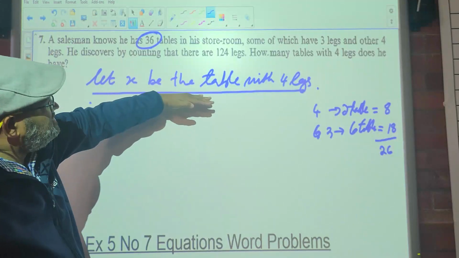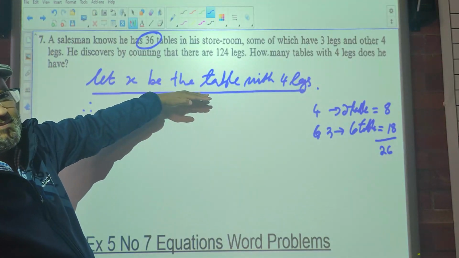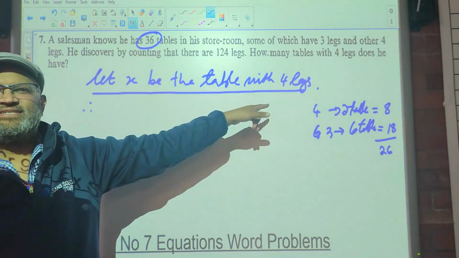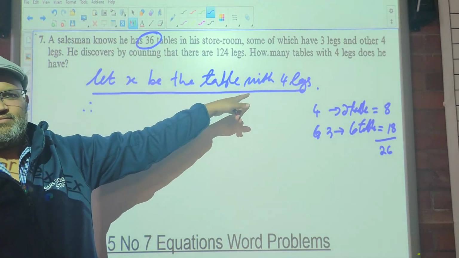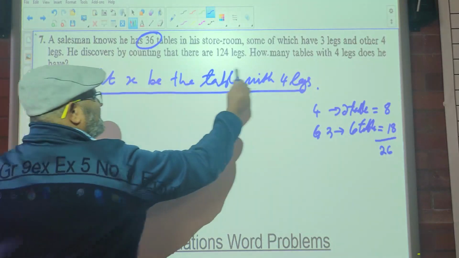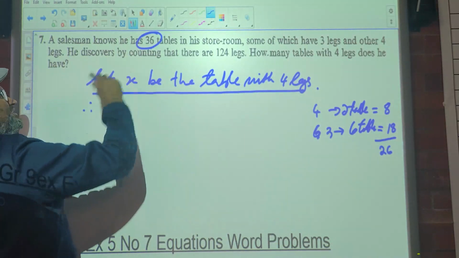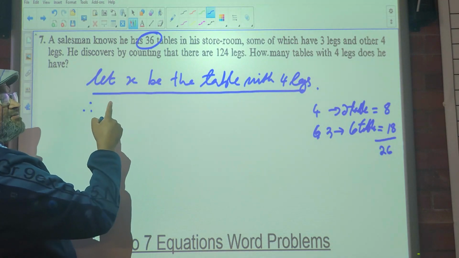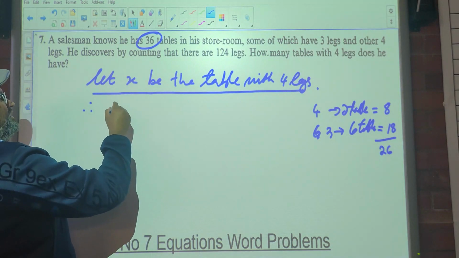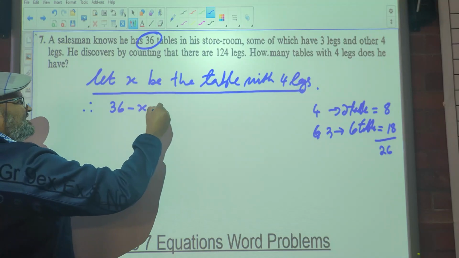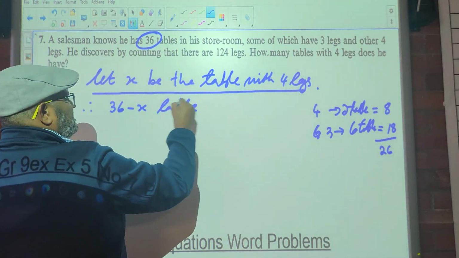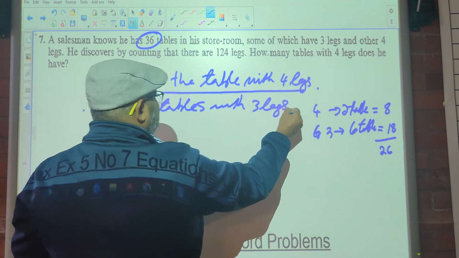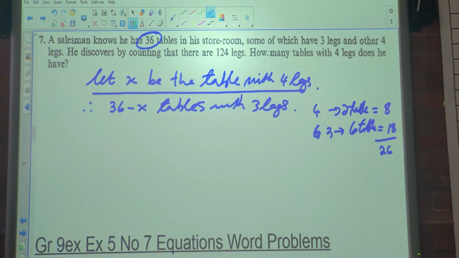If there was 10 tables with 4 legs, then how many has 3 legs? 26. How do you get that? 36 minus 10. But if we say x tables has 4 legs, then how many tables has 3 legs? 36 minus x. Therefore, there will be 36 minus x tables with 3 legs. You see that, people?